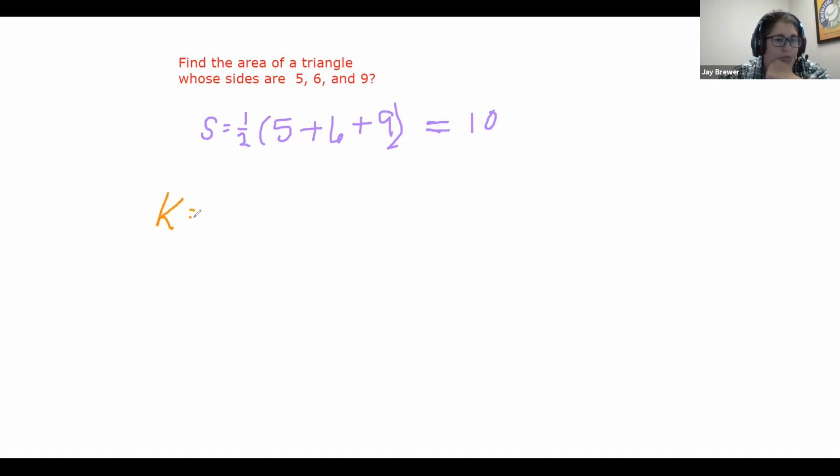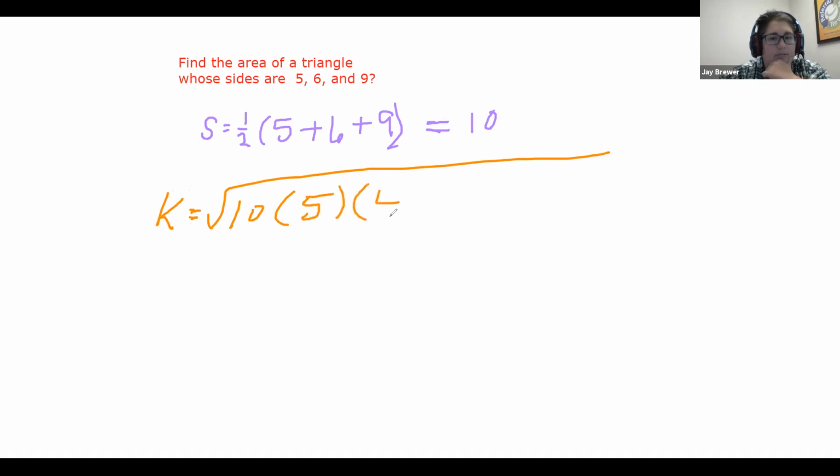So K equals the square root, and then we're just going to plug everything in. So S is 10, and then it was S minus A. So 10 minus 5 will give us a 5. 10 minus 6 gives us a 4. And 10 minus 9 will give us a 1.